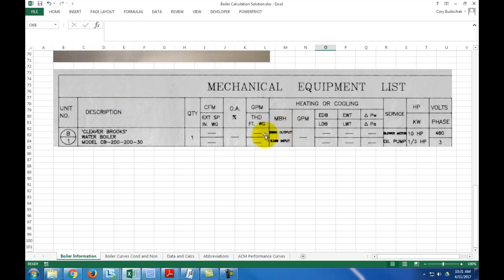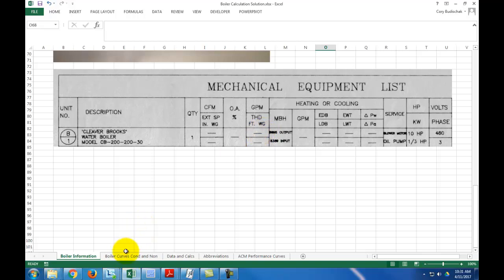It's really hard to see, but I'm pretty sure it says 6695 output and 8300 input. So the output is a little bit more than 2 of the condensing boilers, which makes sense because the third one's for redundancy, as well as it's better to run them at part load anyway.